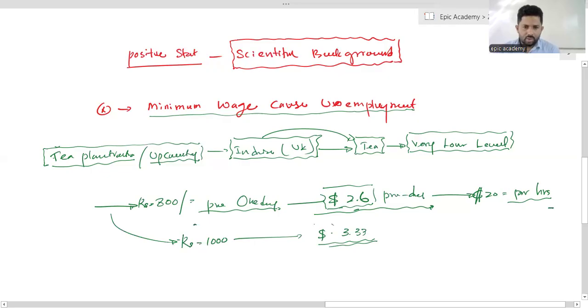It is not reasonable, but compared to the previous situation, it is okay. So then what happens to the cost of labor of plantation workers, for plantation owners?